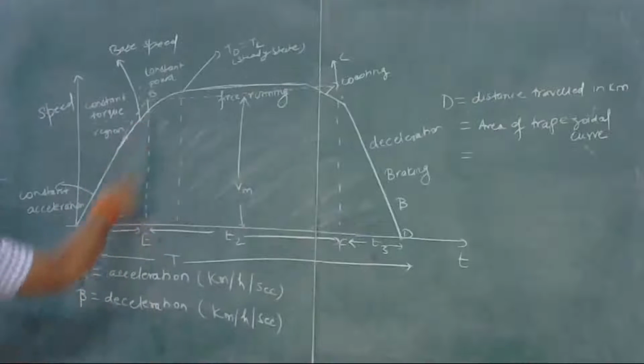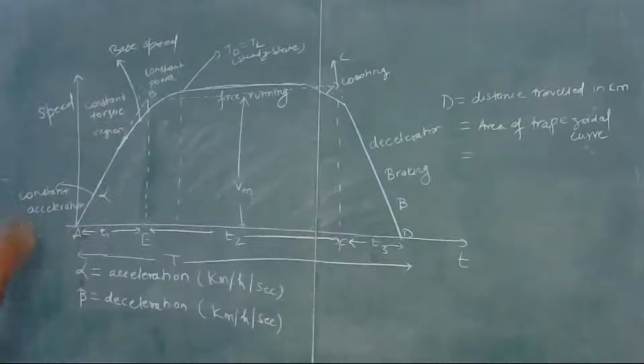So this triangle: height is Vm and its base is T1.